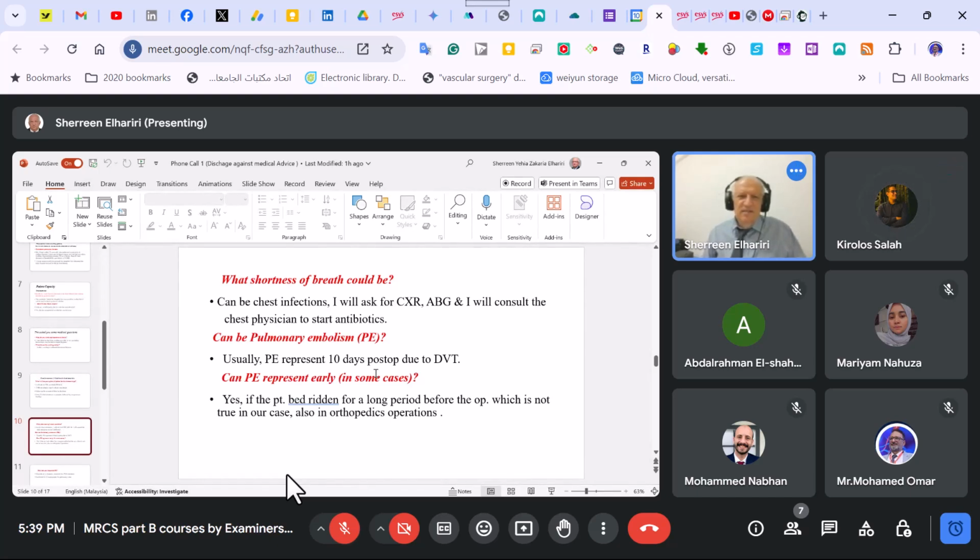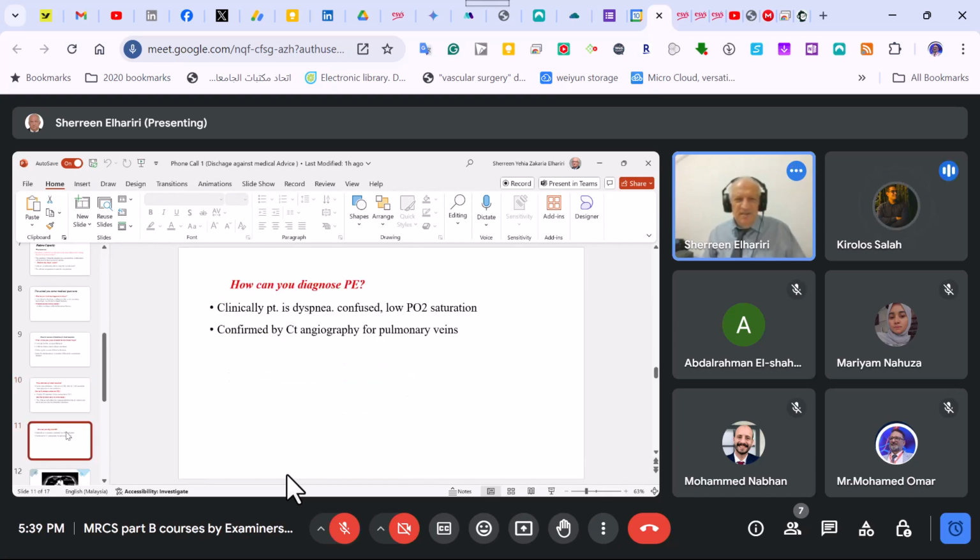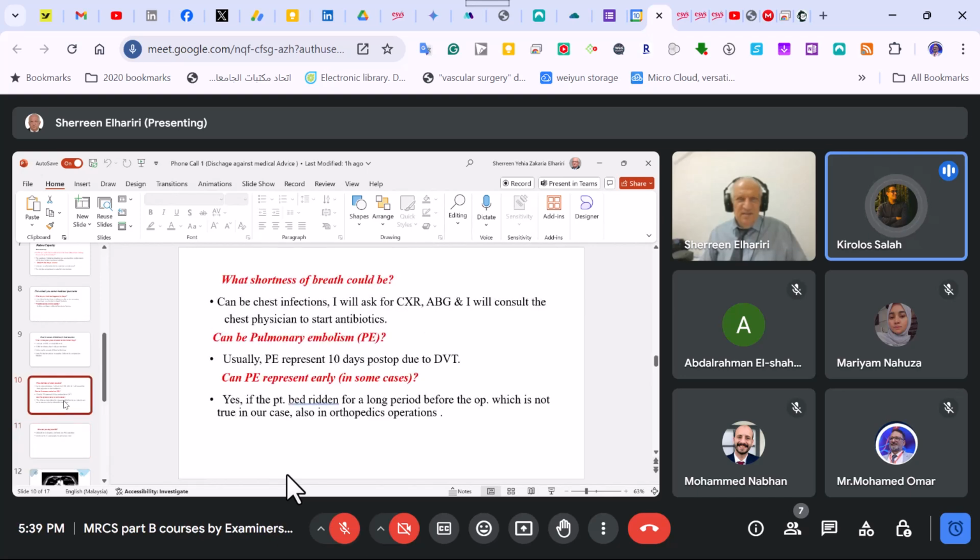Yes, it can. In which cases can pulmonary embolism or fat embolism in the pulmonary artery occur? Which type of surgery can cause that? Bone operation, or intramedullary nail. You mean orthopedic operation? Okay, all right.